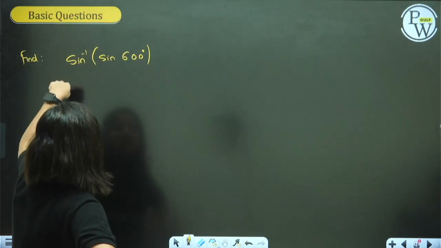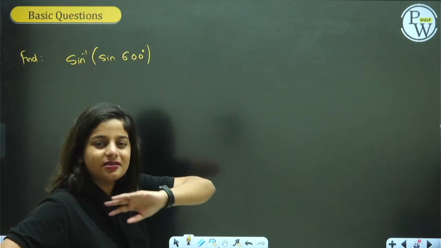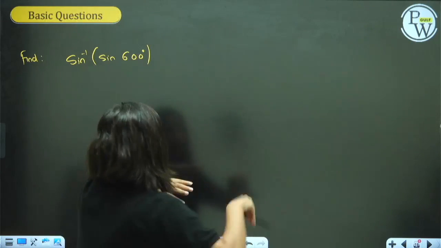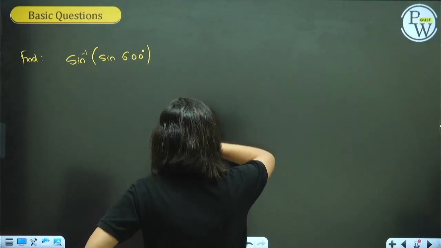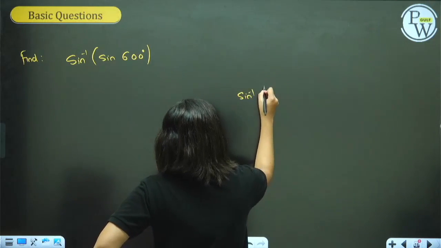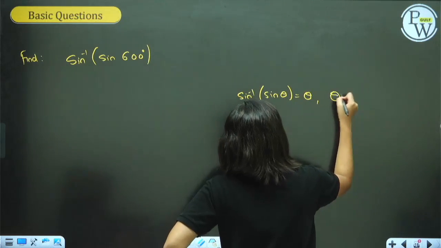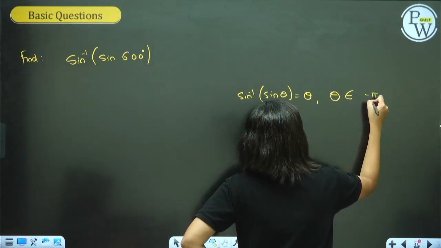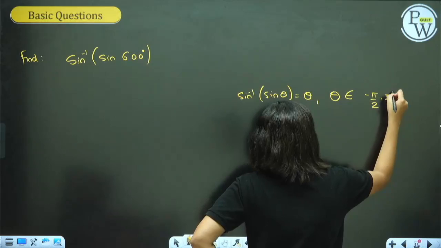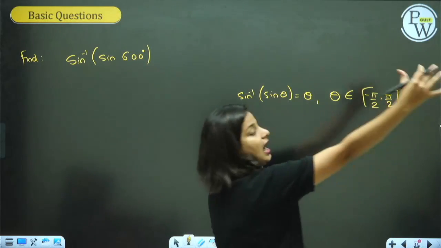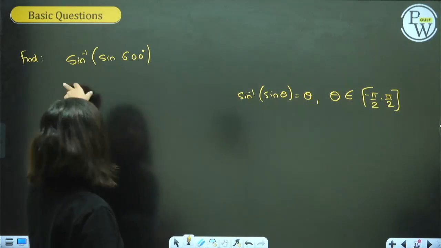Can I just cancel sine inverse sine and say the answer is 600 degree? No, because sine inverse of sine theta will be equal to theta if theta belongs to minus 90 to plus 90. 600 is out of this range, so I cannot cancel.